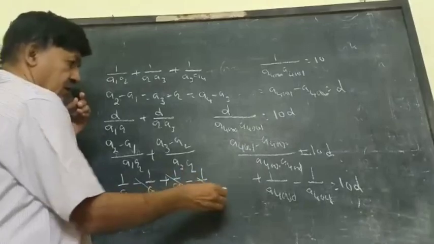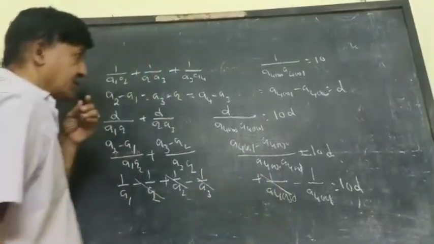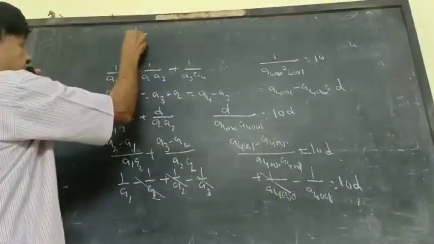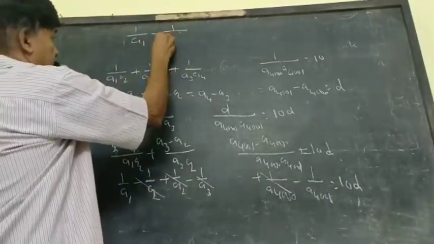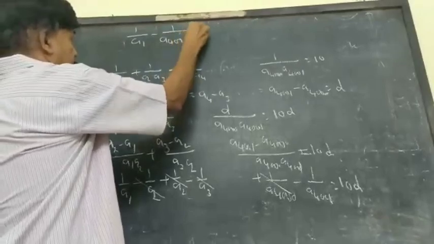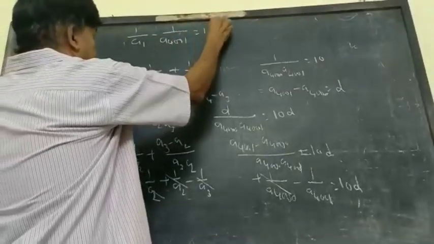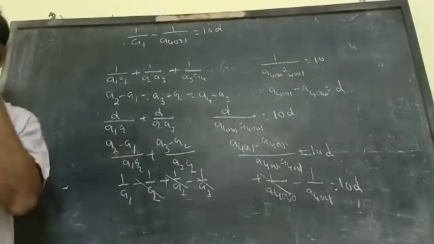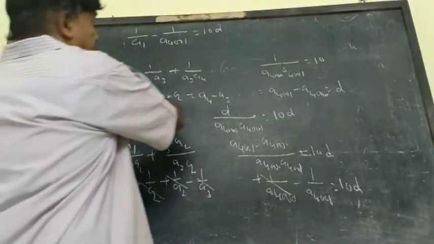Telescopic cancellation like this. So finally you are going to get 1 by A1 minus 1 by A4001 is equal to 10D. This is what you are going to get.